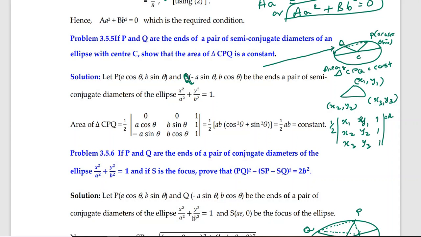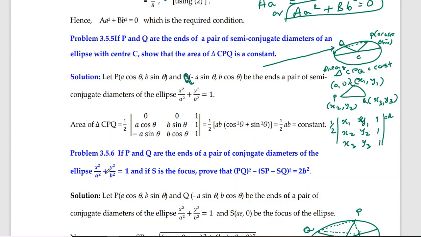So in this case we have one point to be 0, 0. The other two, this is your C, and we shall take this as P and this as Q, so that we can substitute the values, and when we expand the determinant we get half into AB cos square theta minus of minus plus AB sin square theta, taking AB out. So that is half times AB. That is your area of triangle CPQ is constant.